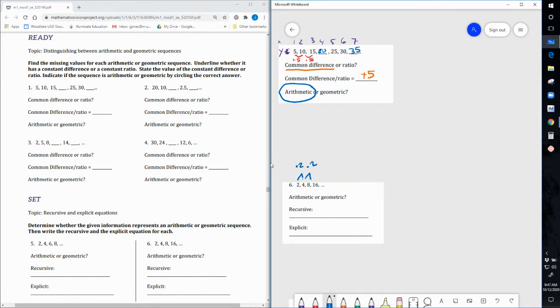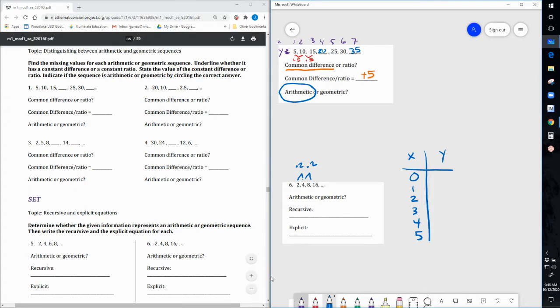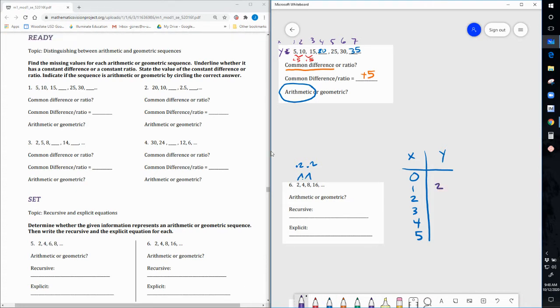What I really recommend doing is creating a table that looks like this, more similar to the ones that we've done in class. And you should actually have some x values there. So you only have 1 through 4, but you should be able to get whatever ones you want. Okay, so the first value is 2, and then 4, and then 8, and then 16.